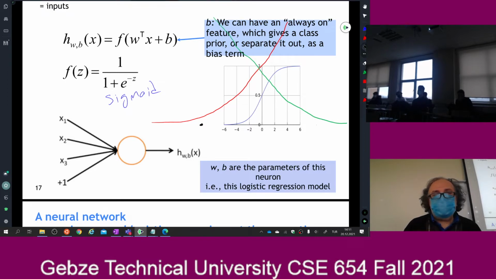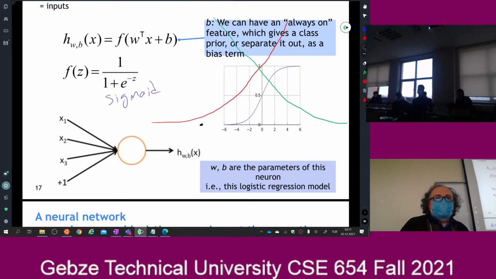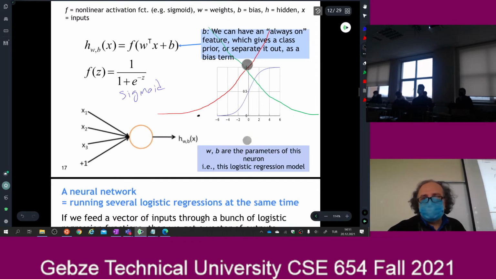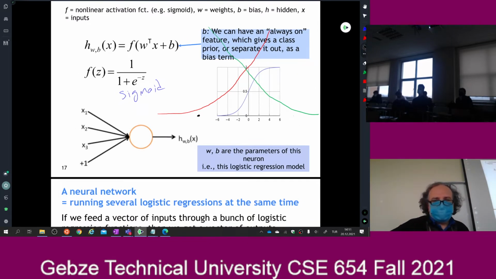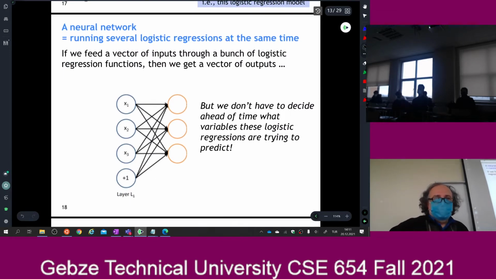But most of the time, since our problems are not binary, we have many classes. Instead of using this, we are going to use softmax functions. Again, this is called logistic regression or sigmoid function, and they are related to the softmax function.